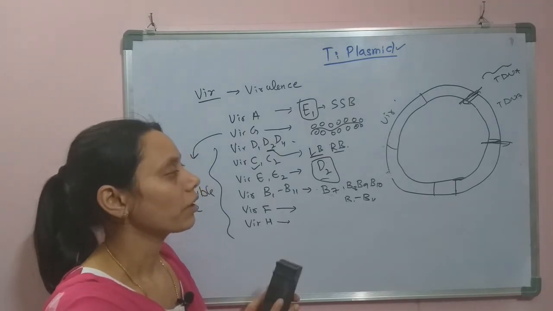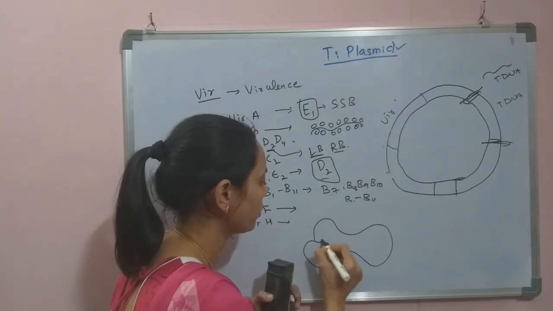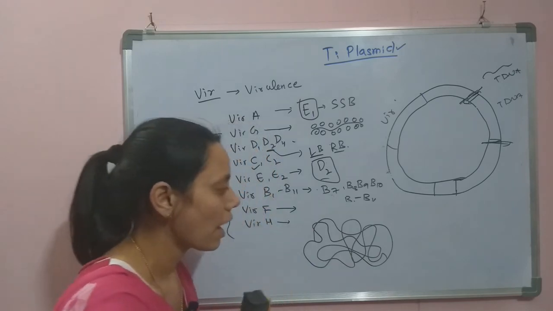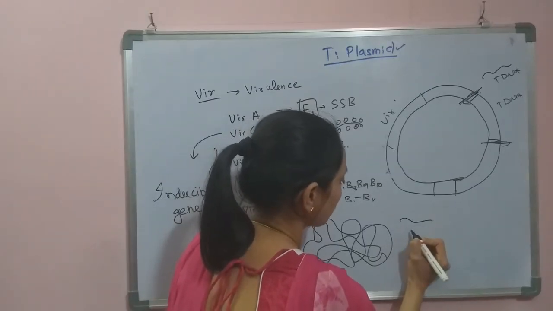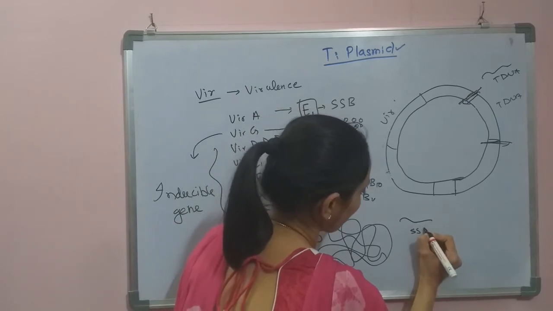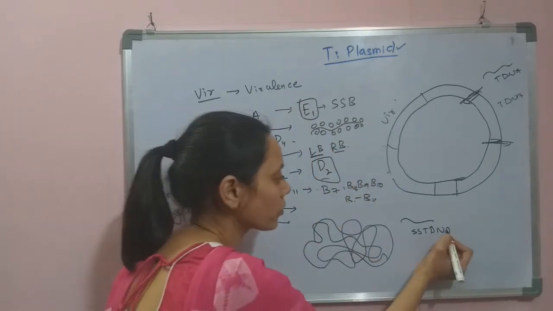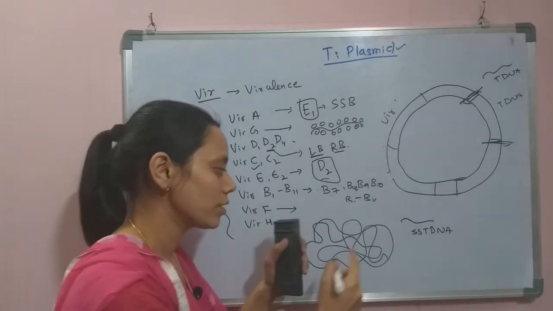And coming to the inside of the plant cell, the main chromosome will be present, that means the genomic DNA of the plant. This very small single stranded tDNA portion will find the right portion and go and combine with this plant genome.